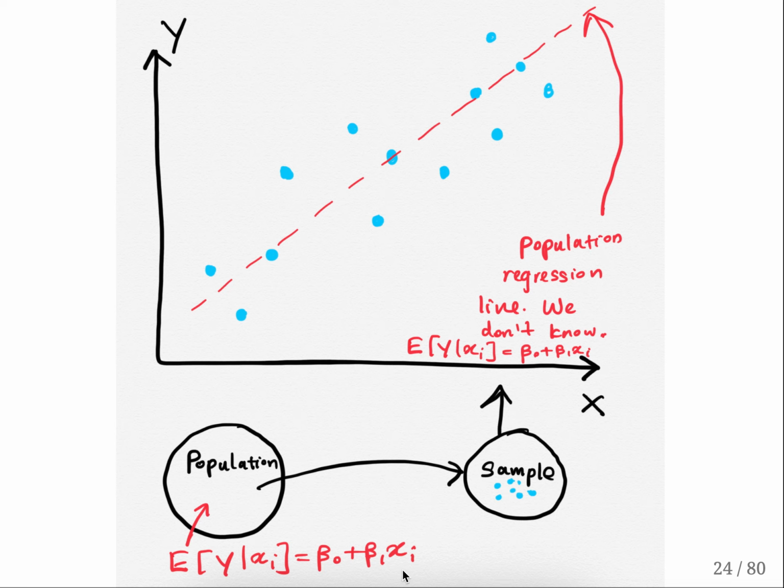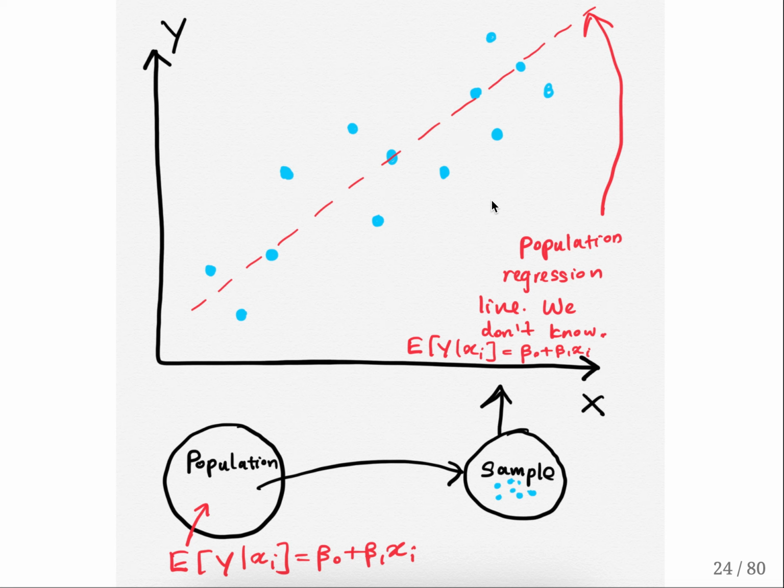In other words, by using these sample points, we want to estimate beta naught and beta 1. To do so, we need to draw a suitable regression line to represent the data.